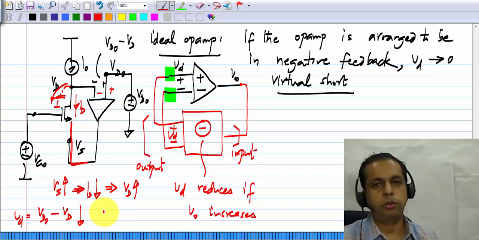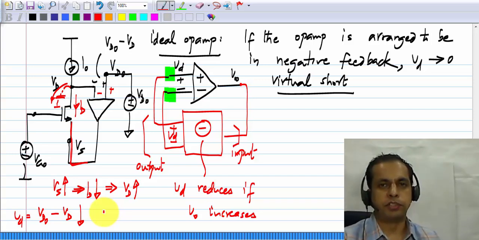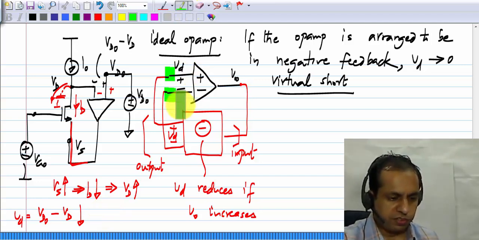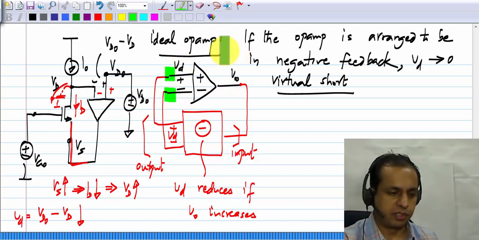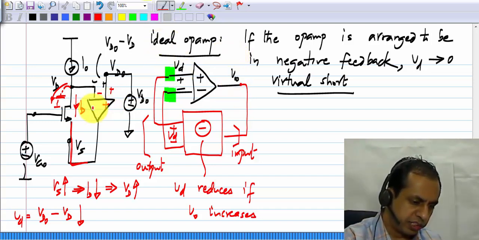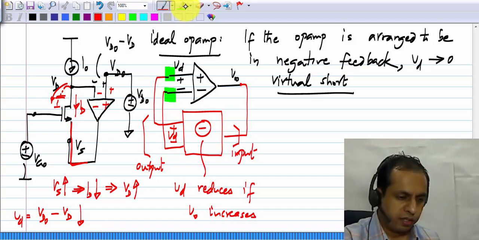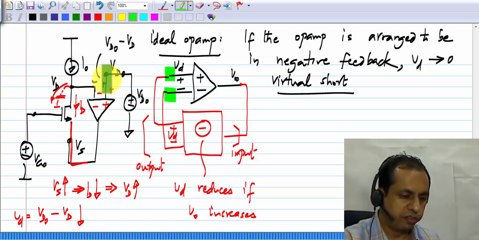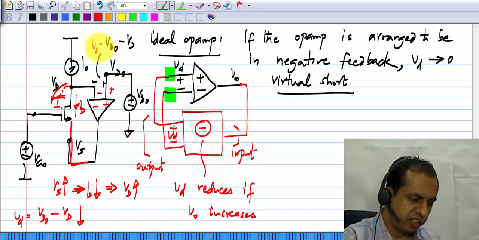The way you evaluate the op amp signs for negative feedback is you assume some set of signs and then you work around and then see if this difference voltage reduces as VO increases. Okay. So if I choose the signs to be like that, okay, then as Vs increases, ID will fall down, which will make the drain voltage increase, which will make the difference voltage Vd, this Vd here, decrease.